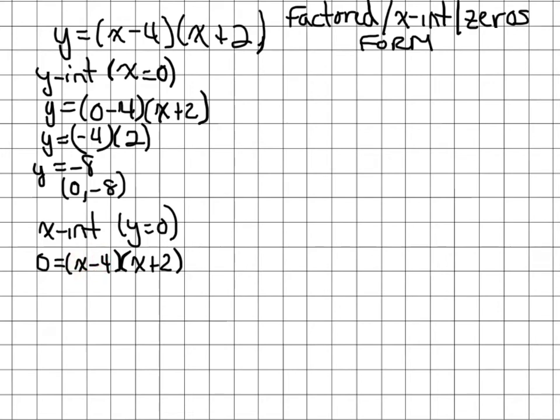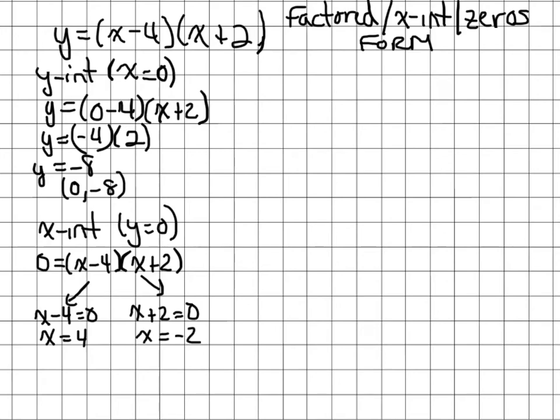So we could find out the value of x. So what I want to do is find a value for x that will make either this 0 or this 0. And how I do that is I set this to 0 and I solve for x. So x equals 4. And I set this to 0 and I solve, x is minus 2.